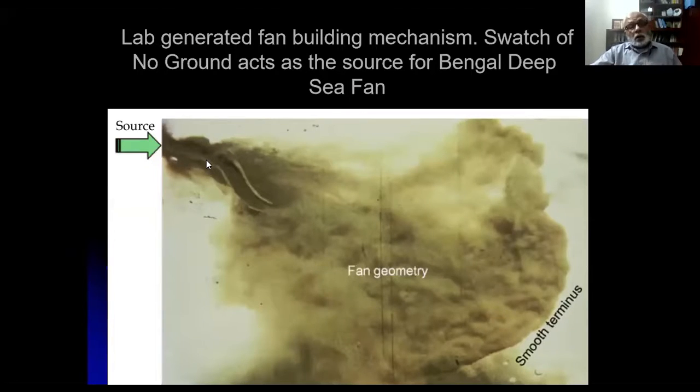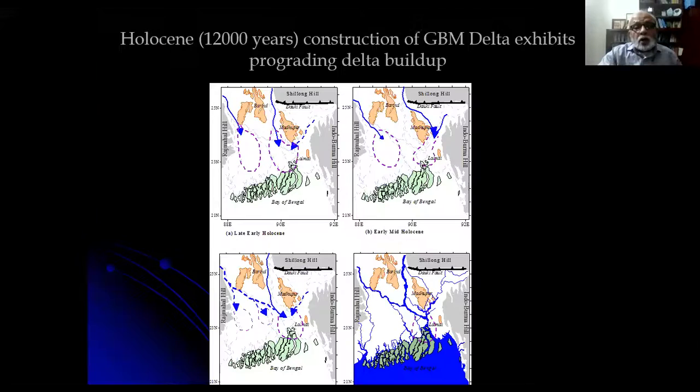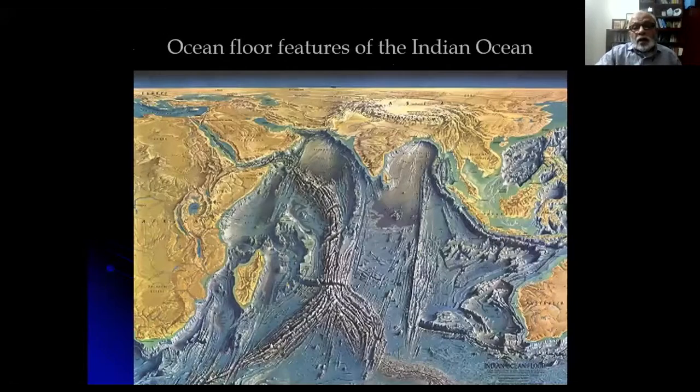Now, these suspended sediments, as I told you, here you have the Swatch of No Ground. This is the continental shelf, and here is the Swatch of No Ground, a deep sea canyon.